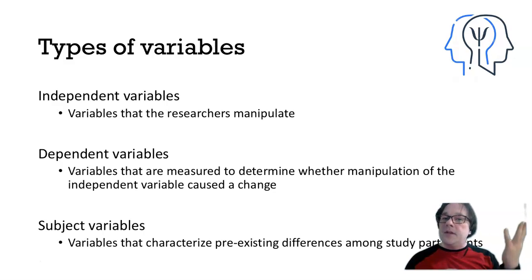So independent, dependent variables. We also have things that are called subject variables. We could also think of these as individual differences variables. These are variables that characterize pre-existing differences that exist among study participants. We're all unique in some way, even though we're really similar in lots of ways.